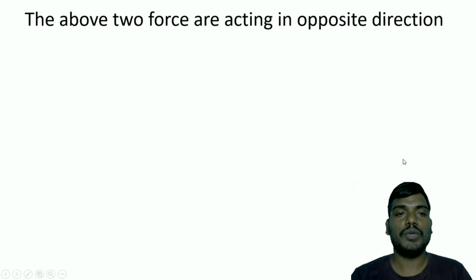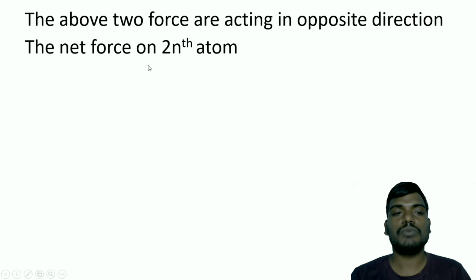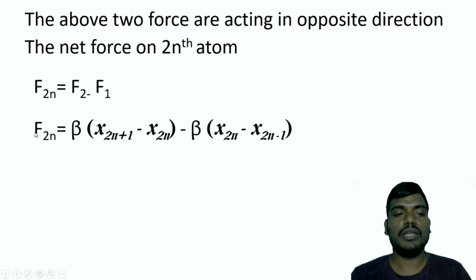Then simplify the equation. The above two forces are acting in opposite directions. That means the two capital M atoms act on it with net force in opposite sides. So the net force on the 2nth atom is F2n equal to F2 minus F1, equal to beta into x2n plus 1 minus x2n, minus beta into x2n minus x2n minus 1.